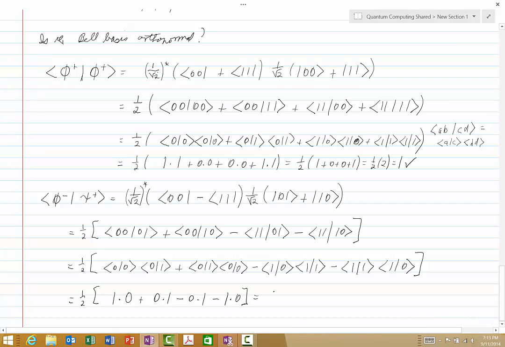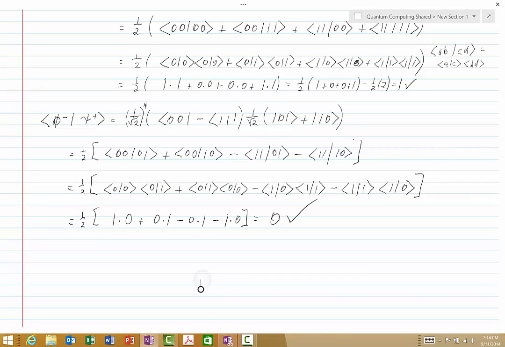And this is indeed equal to 0. And you could check all of the other possibilities as well, and you will find out then that the Bell basis is indeed orthonormal.